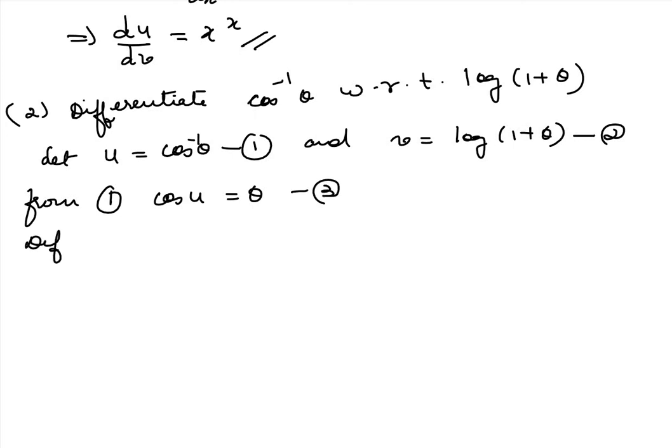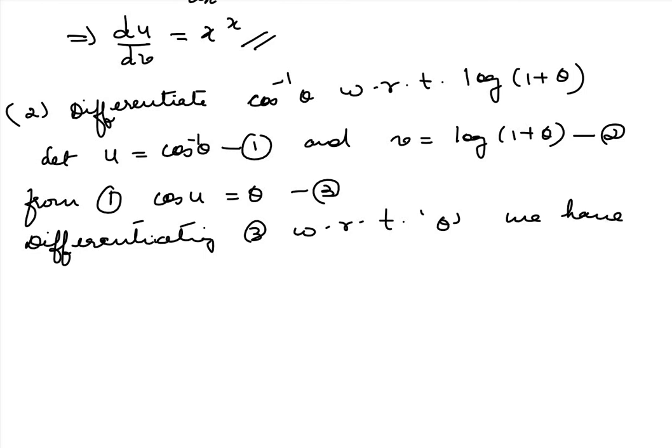So let us differentiate this separately, differentiating 3 with respect to theta. What is the differentiation of cos u? It will be minus sin u into the differentiation of u with respect to theta. On the right hand side, the differentiation of theta will be 1.